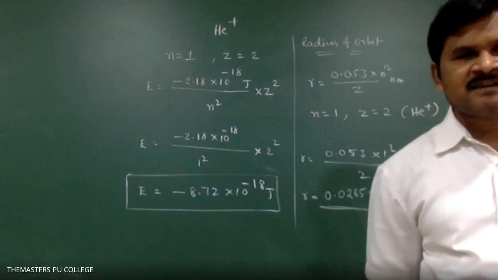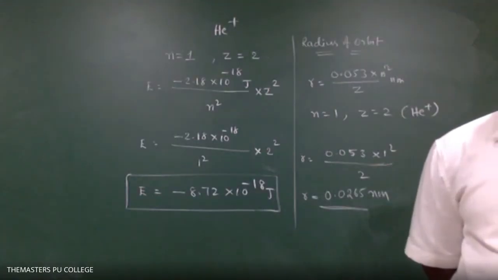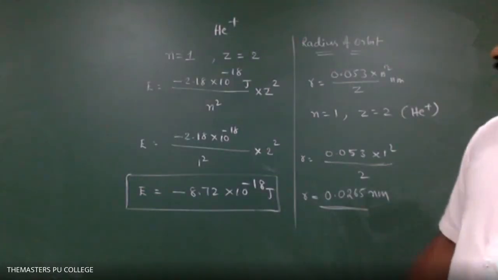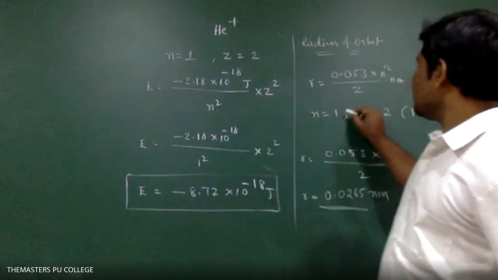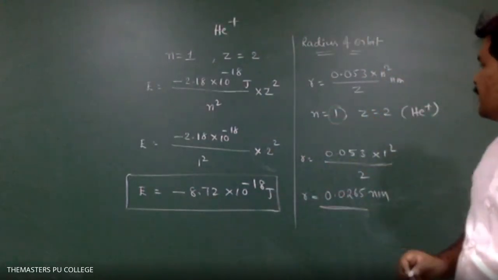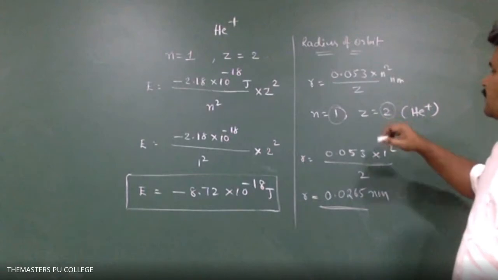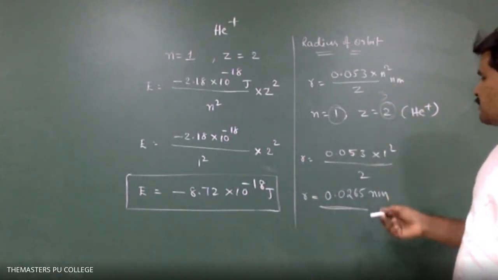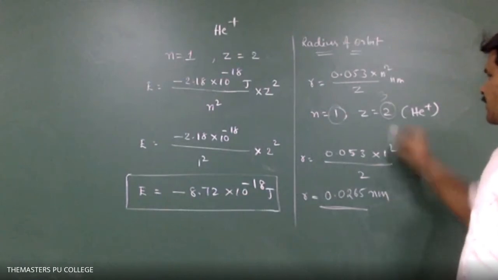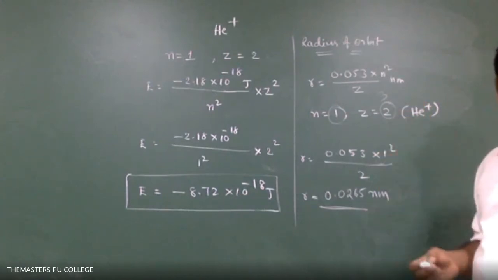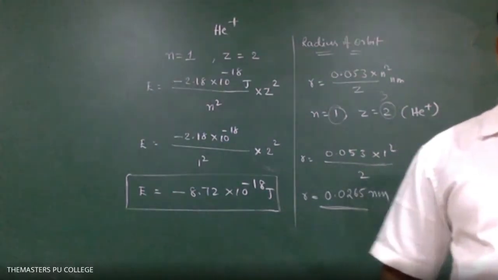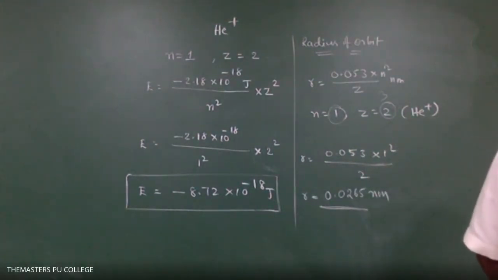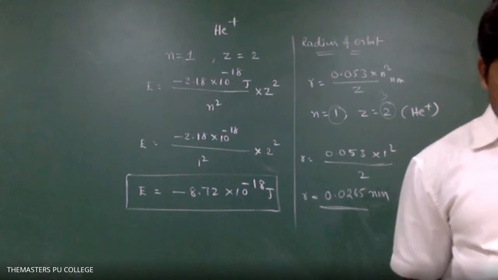N square means what? 9. Bohr's third orbit is given, so we have to take n value as 3. Here z is for lithium, 3. So this is 3 squared by 3. Very good. 1.59 angstroms.